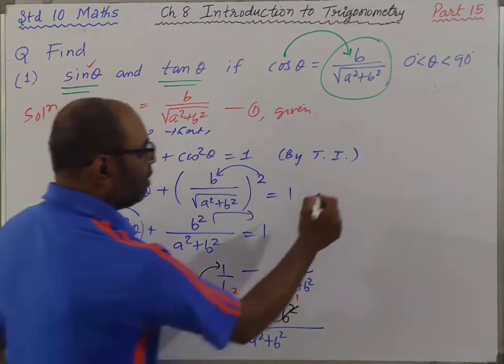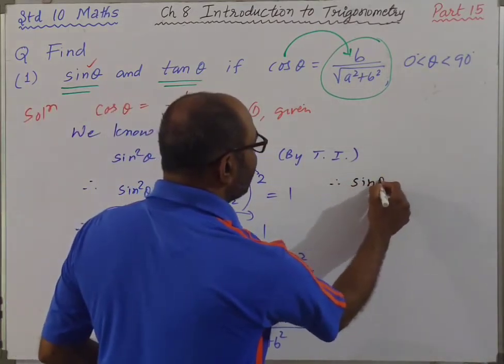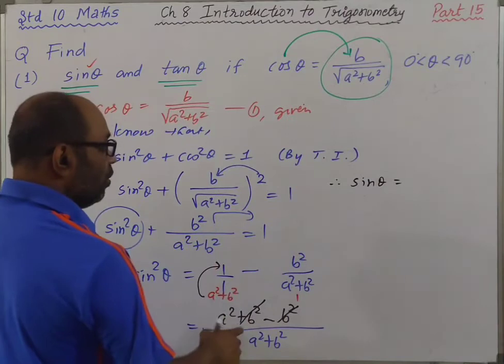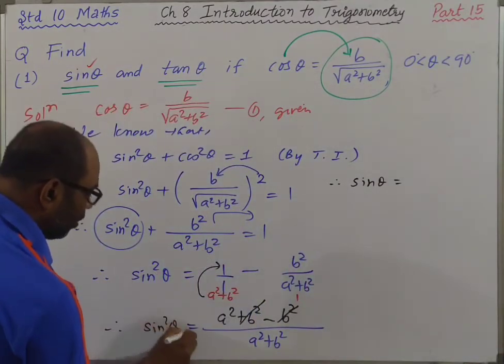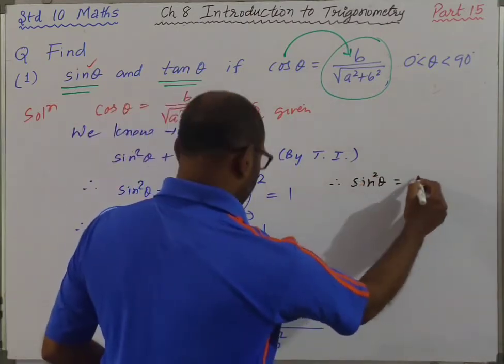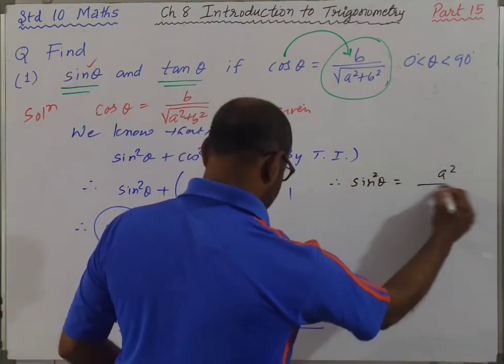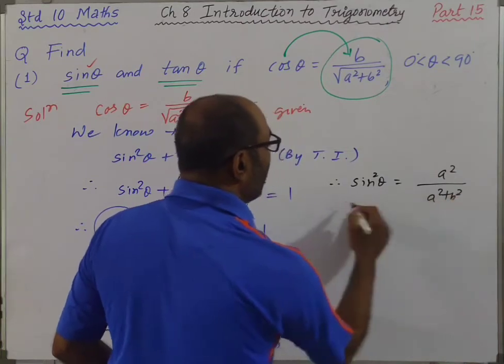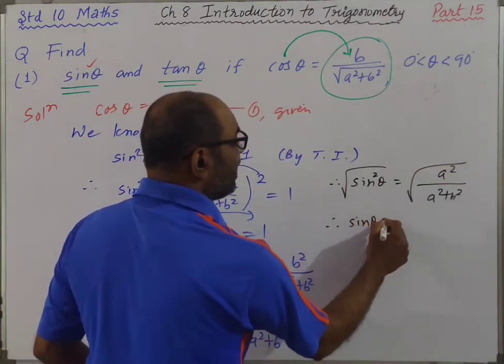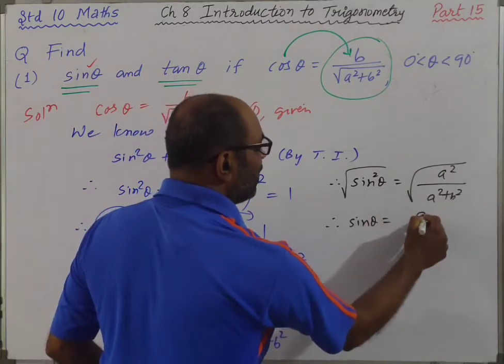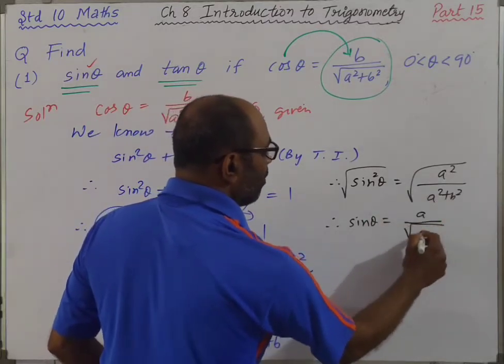Therefore, sin square theta is equal to a square upon a square plus b square. So, taking square root on both sides, sin theta is equal to square root of a square, which is a, and this root will remain.